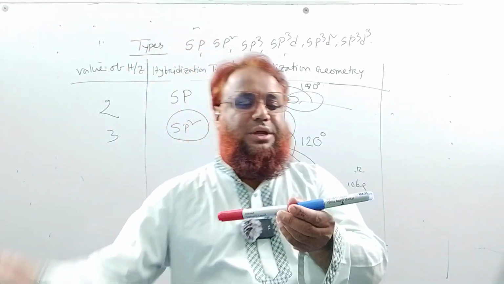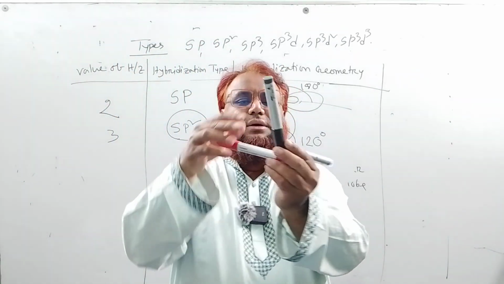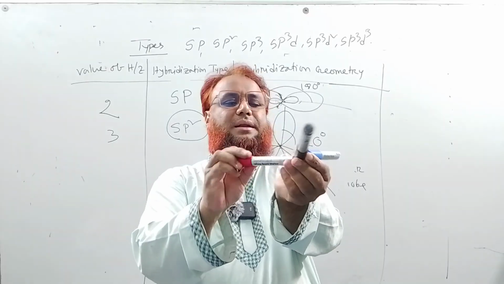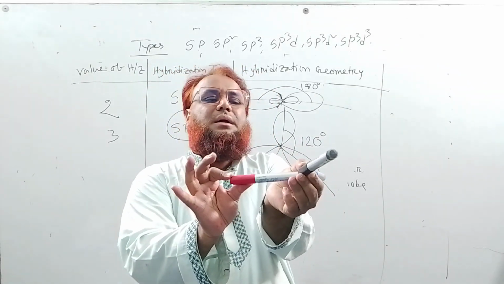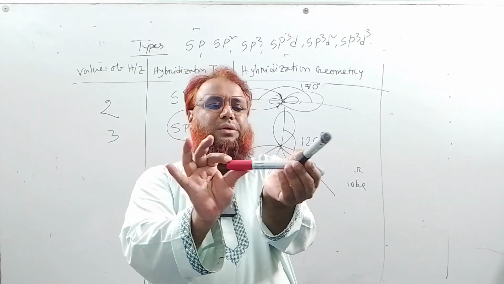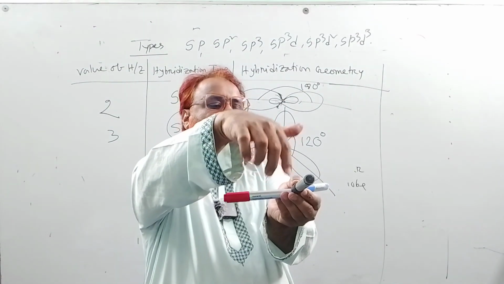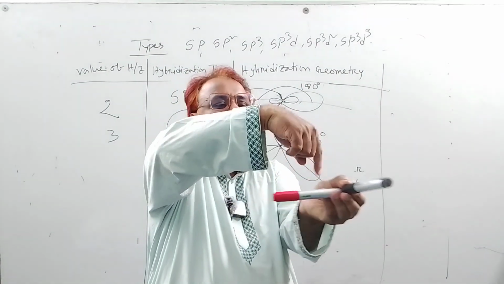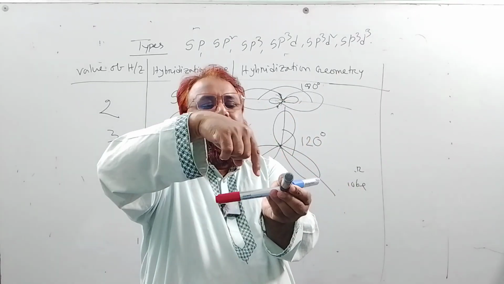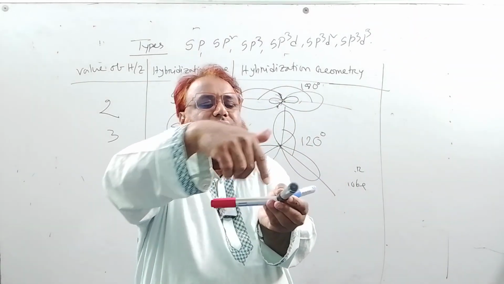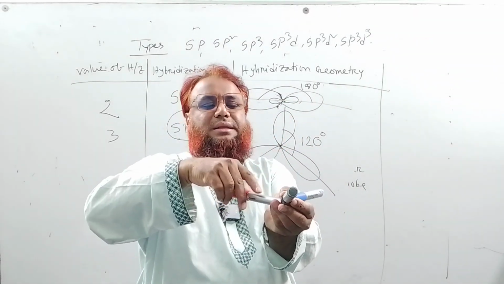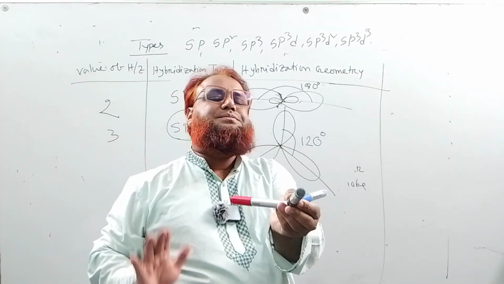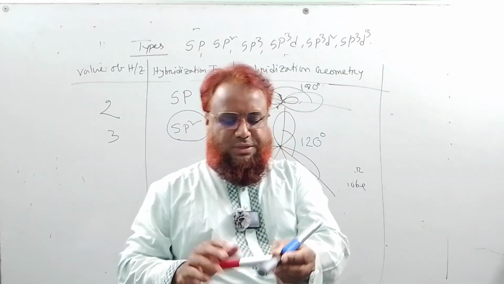Now, when the 3 orbitals come, they will be present in the same plane like this. That is trigonal planar shape. Look at here, trigonal planar shape, 1, 2 and 3, and their bond angle is 120 degree, because this circle is 360. So, if we divide this 360 by 3, then every angle will be 120.